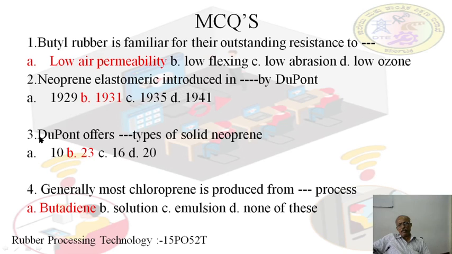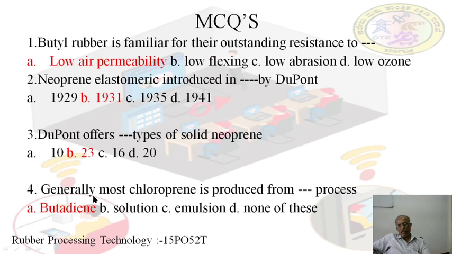So here the answer is 23. Altogether DuPont offers 23 types of solid neoprene and also 16 types of latex neoprene. Here the answer is 23.